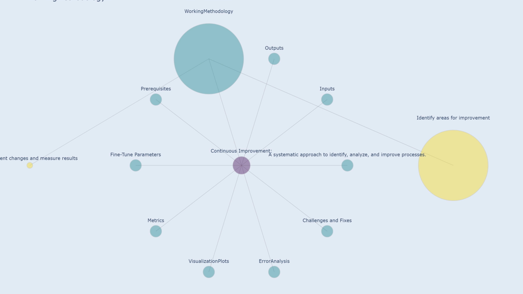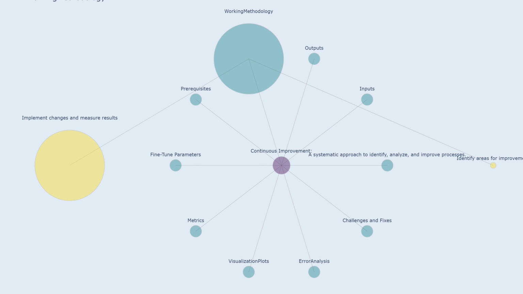Working methodology: identify areas for improvement using data analysis, feedback, and observation. The organization pinpoints processes, products, or services that require attention and can benefit from improvement. This involves identifying areas with high error rates, customer dissatisfaction, or inefficiency. Implement changes and measure results once areas for improvement are identified.